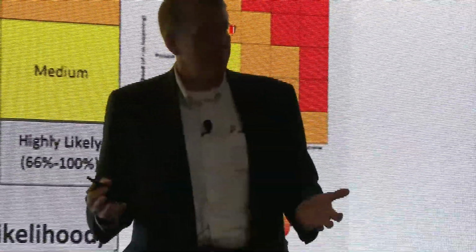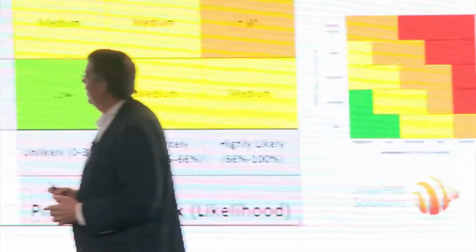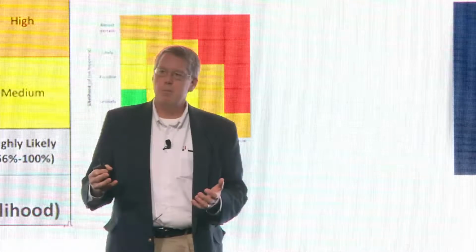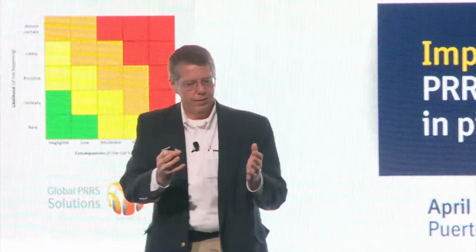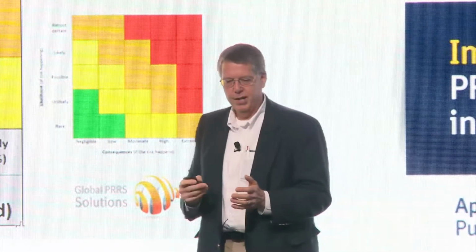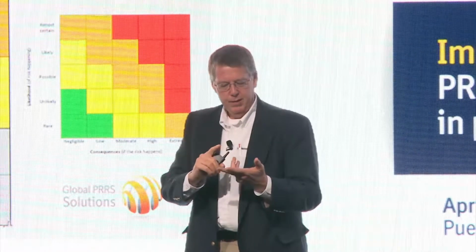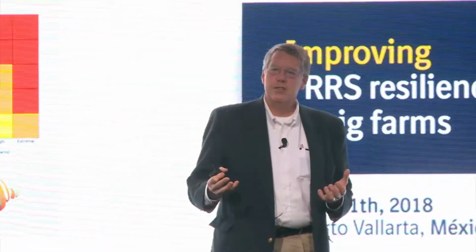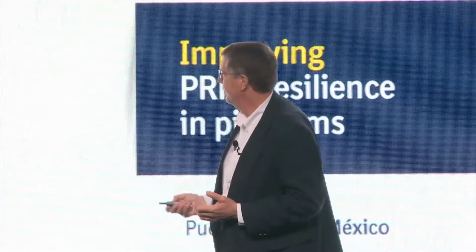Every time that you experience the consequence of a risk, it's a fairly straightforward mathematical exercise to say, well, it affected us to this degree on aborts, pre-weaning mortality, average daily gain, feed conversion, treatment costs. Those types of calculations are quite straightforward.